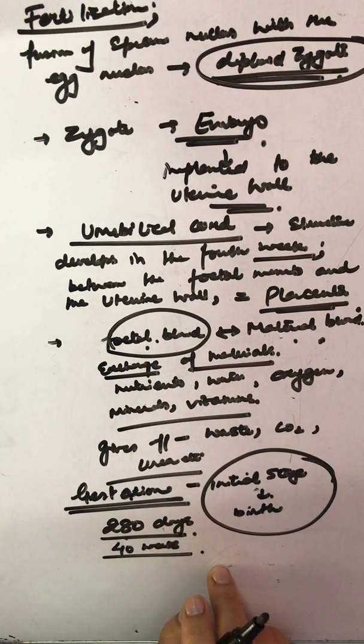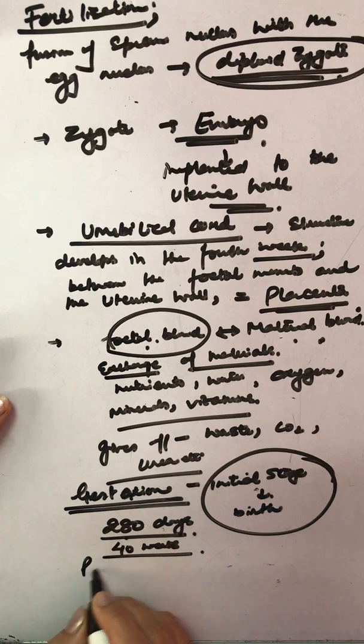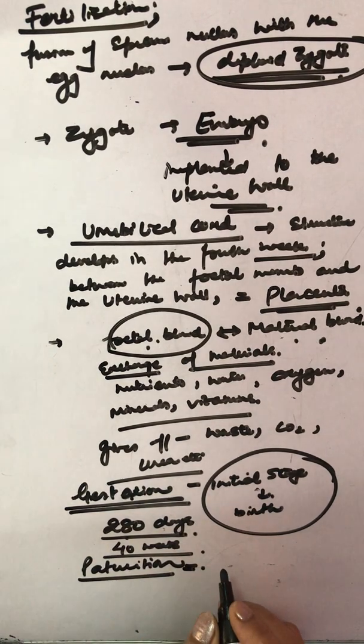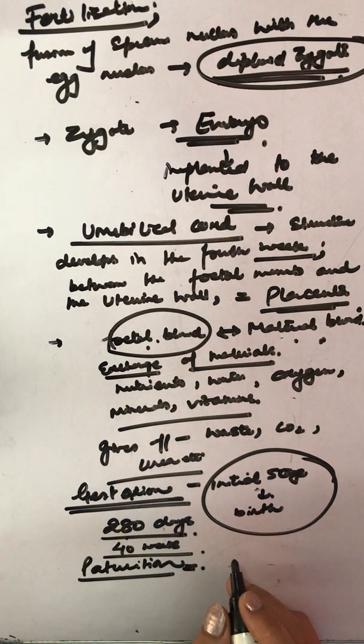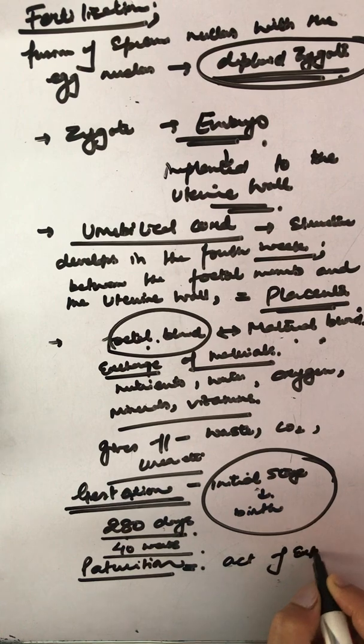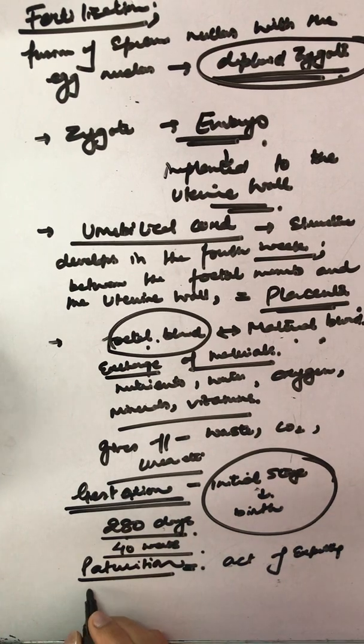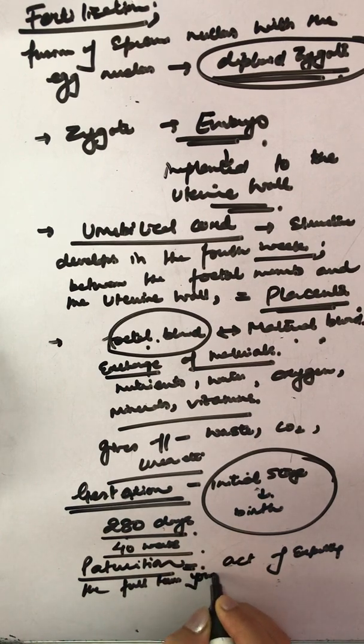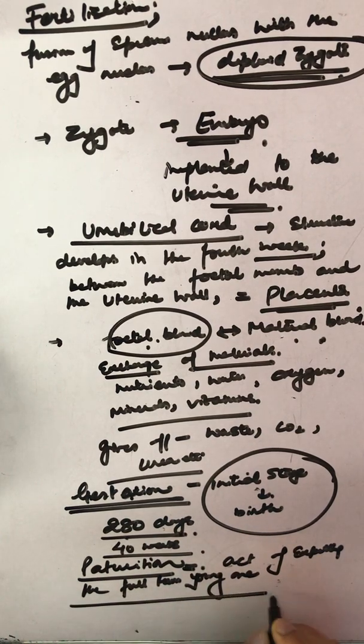Clear? And gestation is followed by parturition. Parturition means the act of expelling the full-term young one from the mother's uterus at the end of gestation. Parturition is the act of expelling the full-term young one from the mother's body. Clear? Next topic is population control.